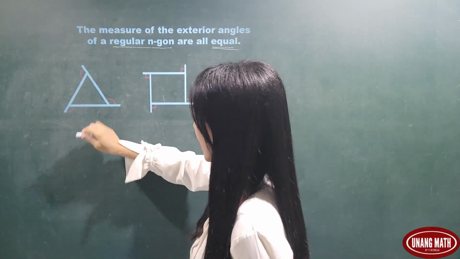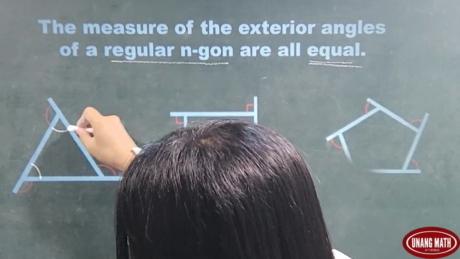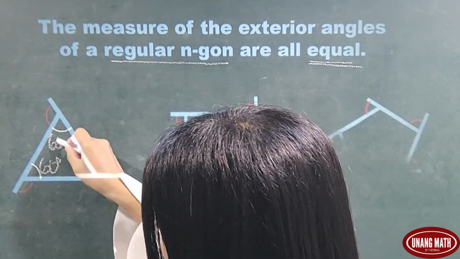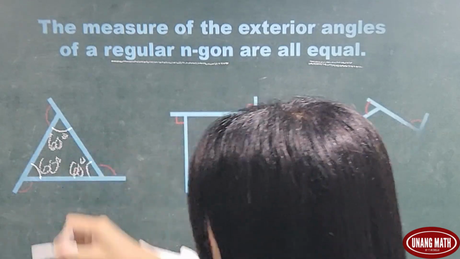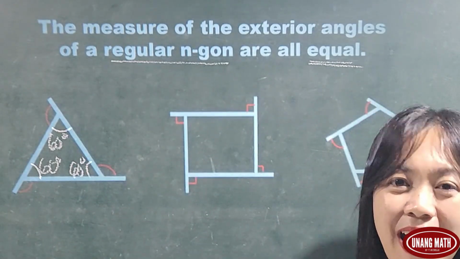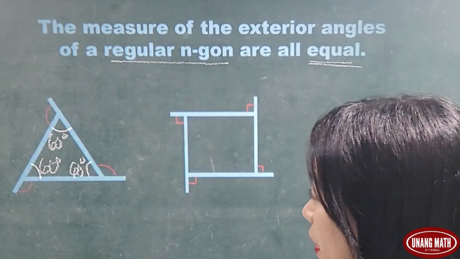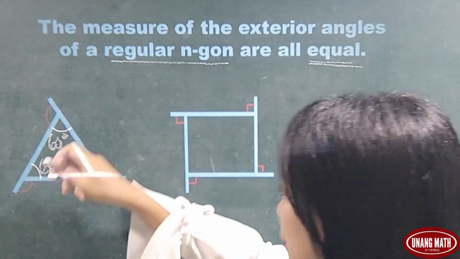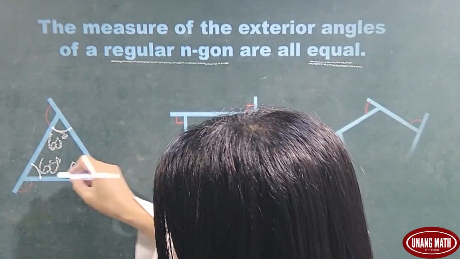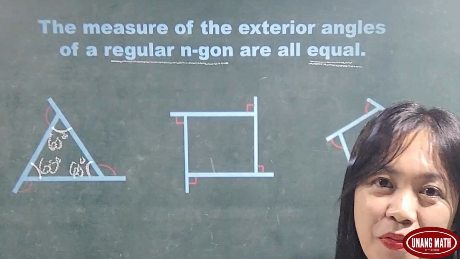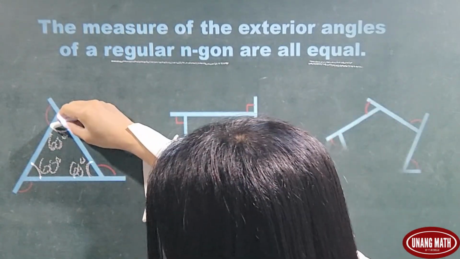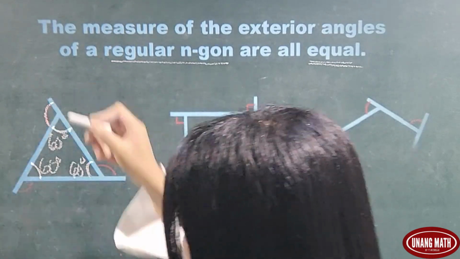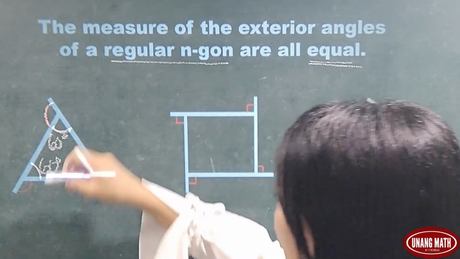For a regular triangle, each interior angle measures 60 degrees. Remember, the sum of the interior angles of a triangle is 180 degrees. So each interior angle measures 60 degrees. If one interior angle is 60 degrees, what about the exterior angle?